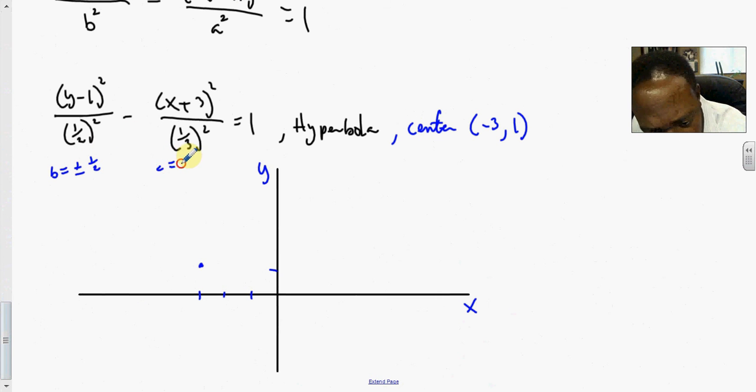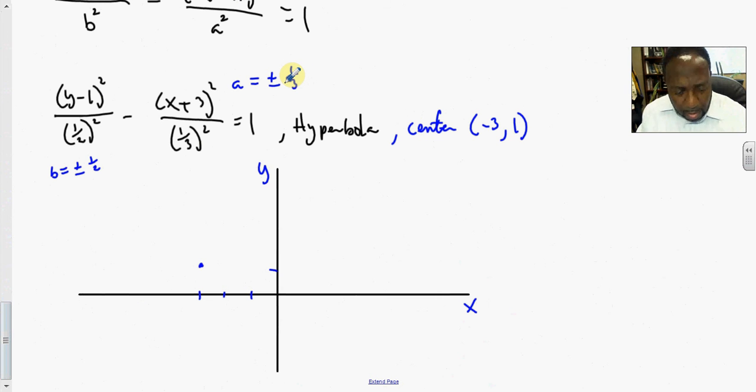And the A is plus or minus 1/3. It'll be somewhat hard to get the shifts in terms of moving a half, which is kind of straightforward. We can do that, but the third, we have to do some estimation.